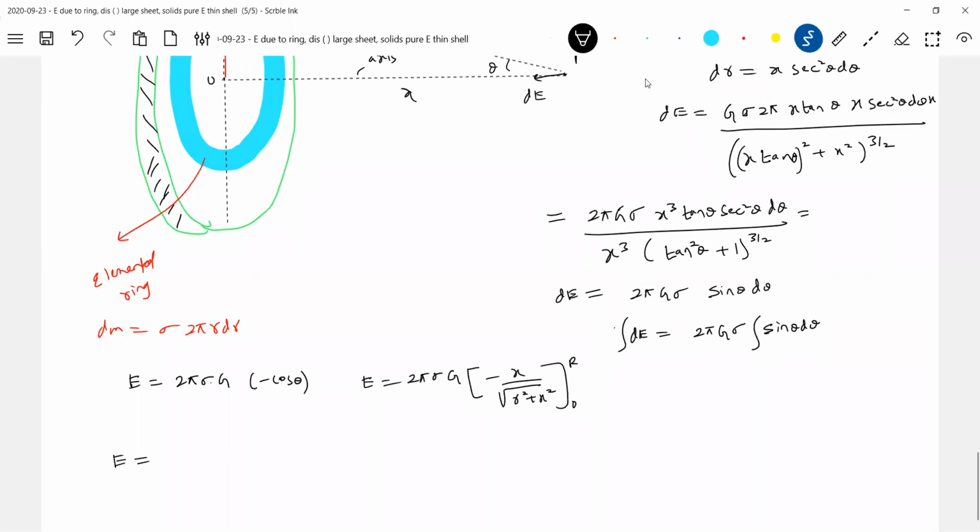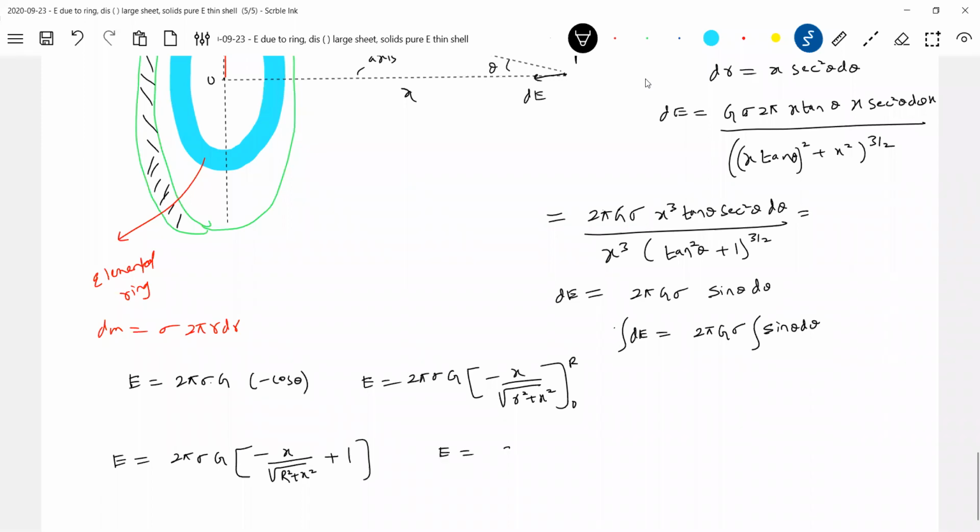So E is equal to 2 pi sigma g. Put x equal to, put small r equal to 0, will end up with this plus 1.